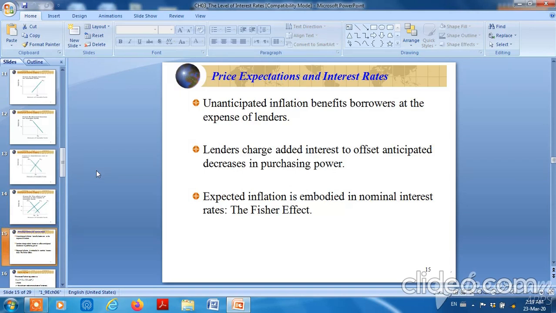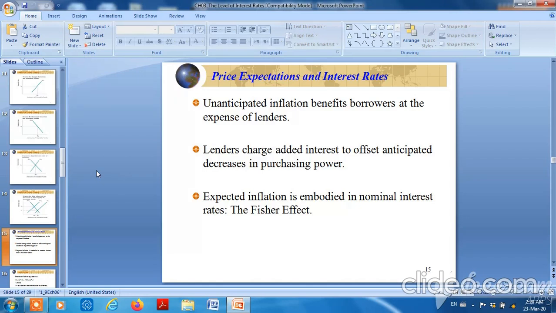So, price expectations and interest rates. Unanticipated inflation benefits borrowers at the expense of lenders. Lenders charge added interest to offset anticipated decreases in purchasing power. Expected inflation is embodied in the nominal interest rate, and this is what we call the Fisher effect. So unanticipated inflation benefits the borrowers at the expense of lenders.